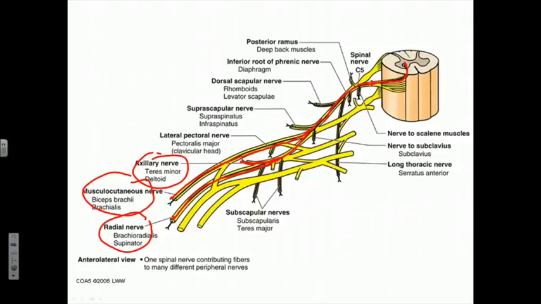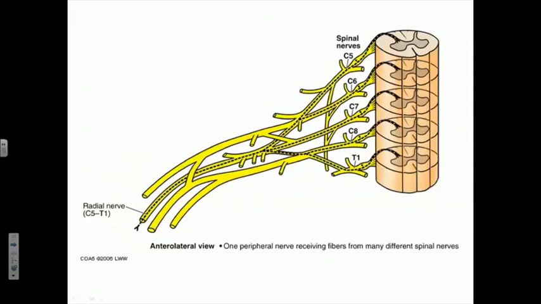Then finally, we can see that the radial nerve, looking at it another way, is a composite that is receiving contributions potentially from all 5 of the spinal cord segments that are providing its innervation.